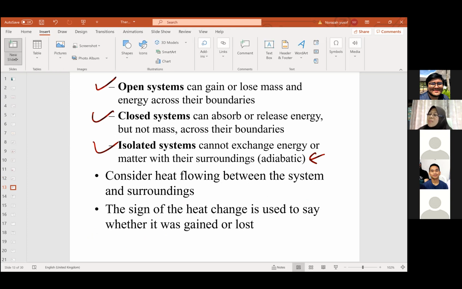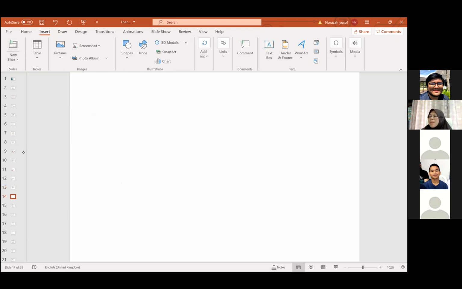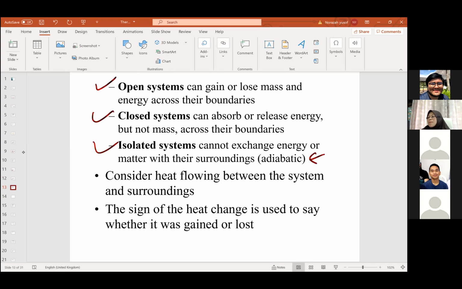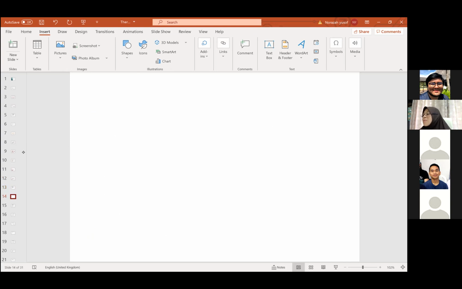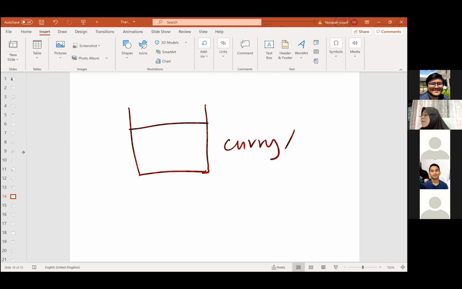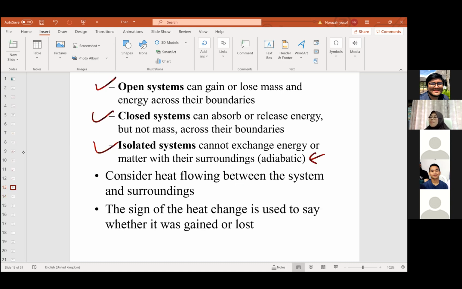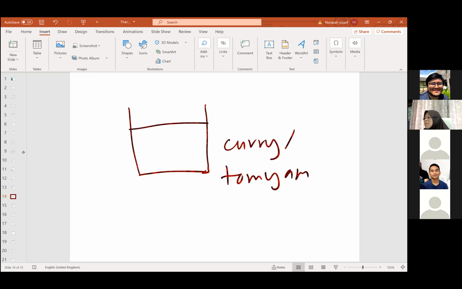I usually give an example of if you are cooking something, like curry or tom yum. In the first scenario, you have the lid off. The lid is taken off.